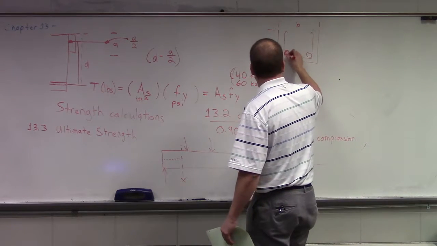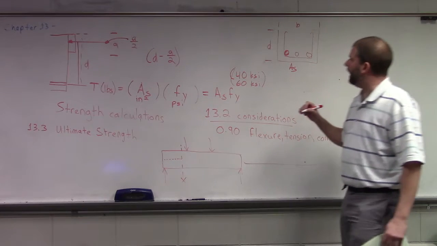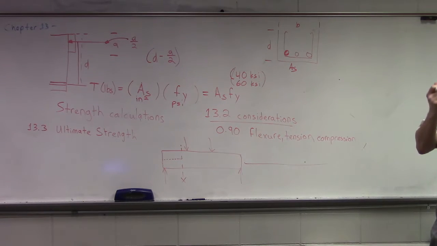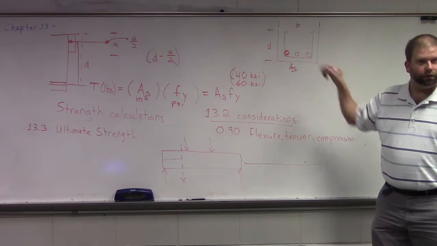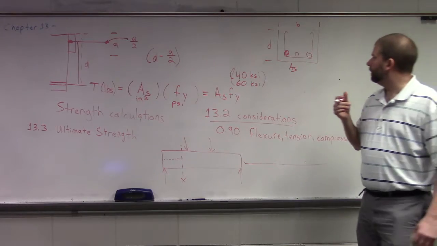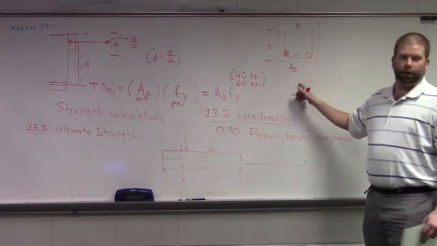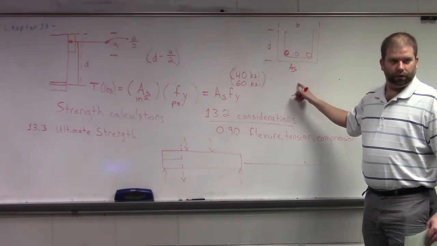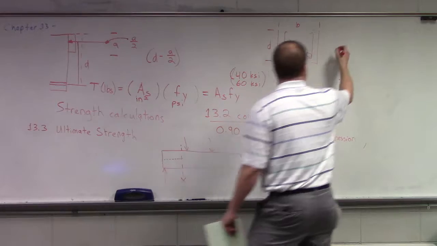And if we have some area of steel, A_s, could we determine what percentage of our beam is steel? How do you think we could do that? You get the area of your beam and subtract the area of your steel. Yeah.